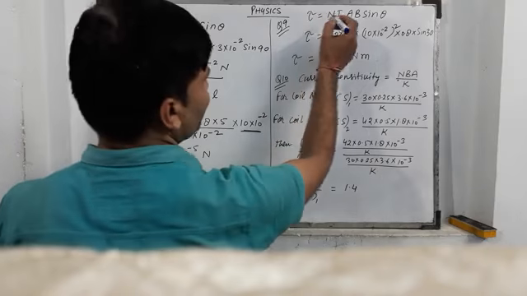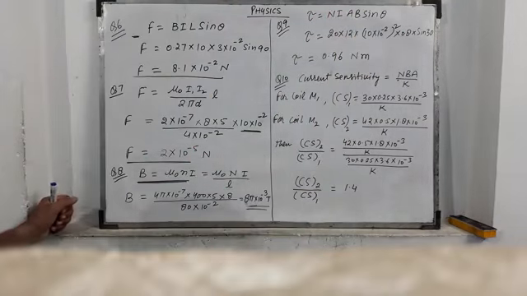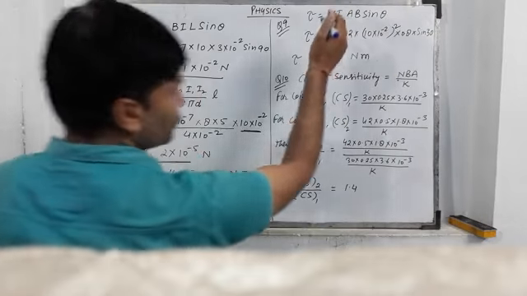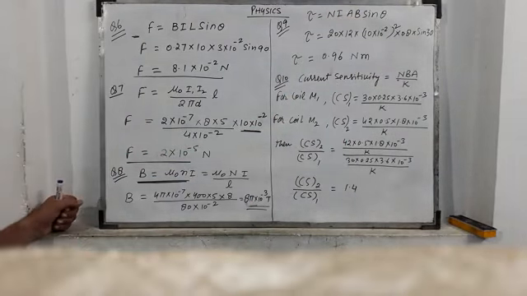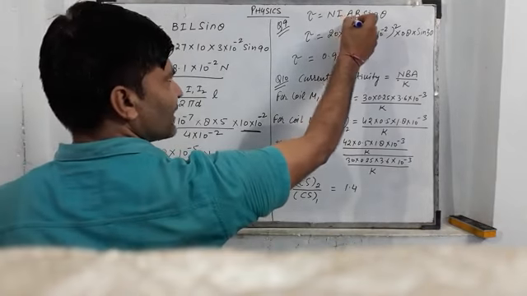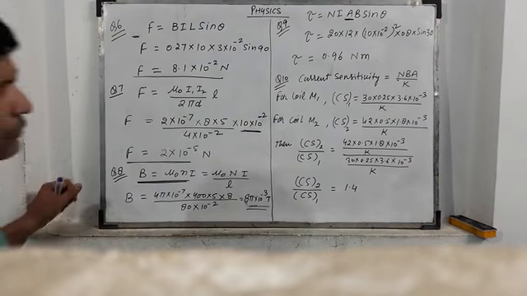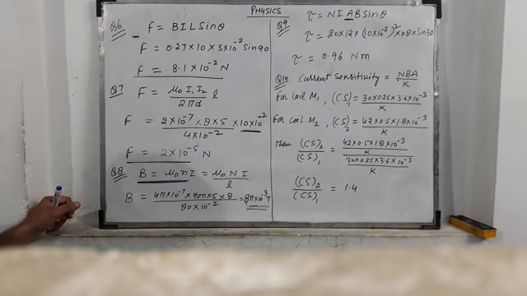So we have the formula torque is equal to NIAB sin theta. All the values are given to you. Number of turns are 20, current is 12 ampere, and the area, because a square coil is there, side into side means side square.